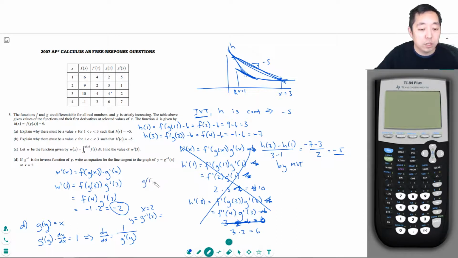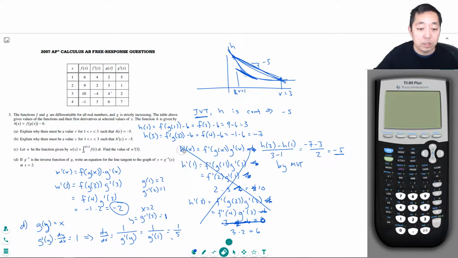Like g of 1 equals 2. So therefore g inverse of 2 is equal to 1. Right? Because that's kind of what inverse is. So the slope is 1 over g prime at 1. g prime at 1 is 5, so the slope is 1/5. Okay? So that's the slope.